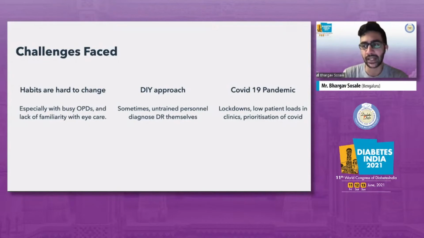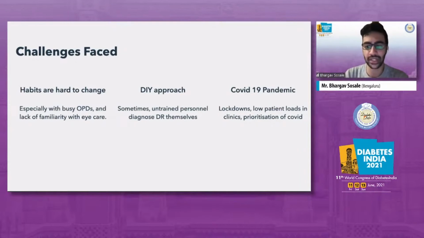Even with a validated device that solves many of the problems, oftentimes doctors can be very busy with OPDs and just lack familiarity with eye care, which is a harder mindset shift to change. We also sometimes see a very do-it-yourself approach, or as they say, jugaad, where many times untrained personnel tend to start diagnosing retinopathy themselves, even if they don't have the qualifications or experience in doing so.